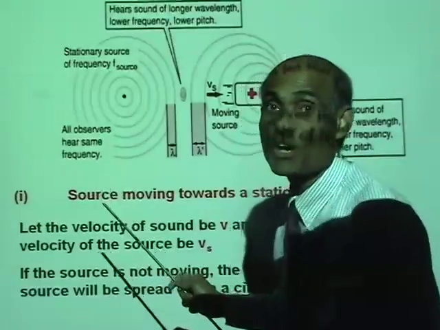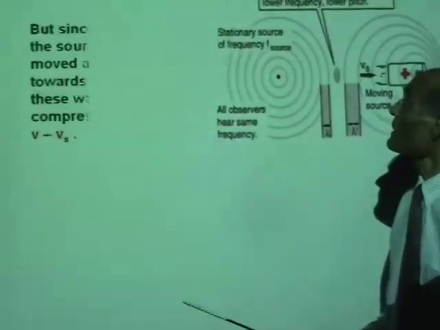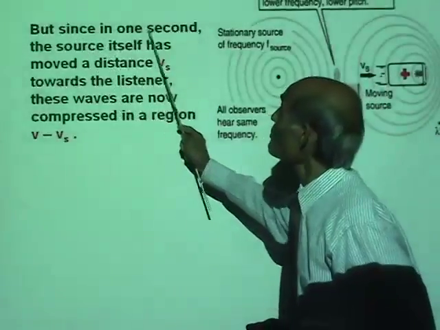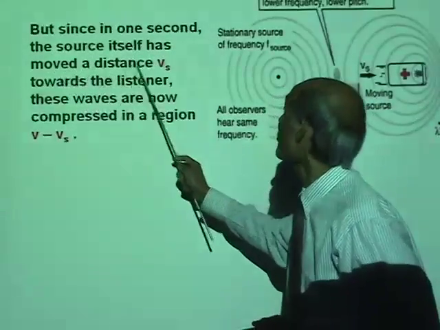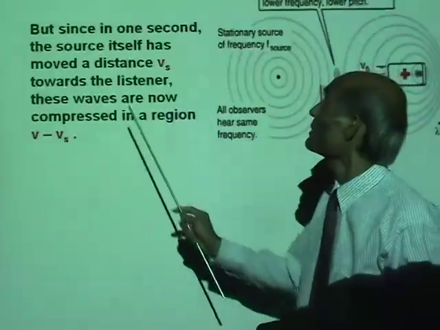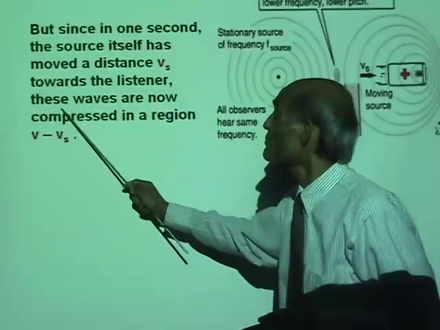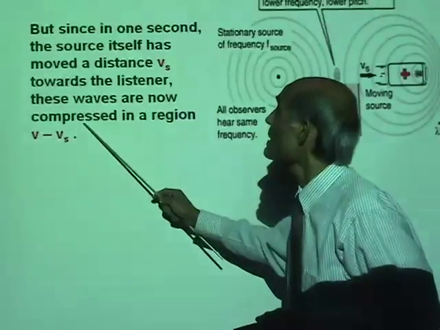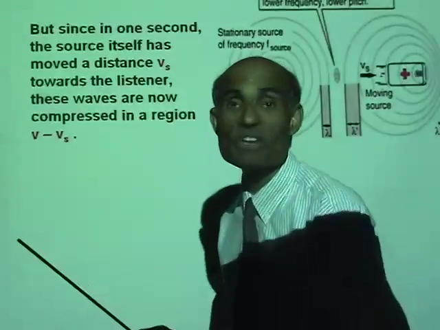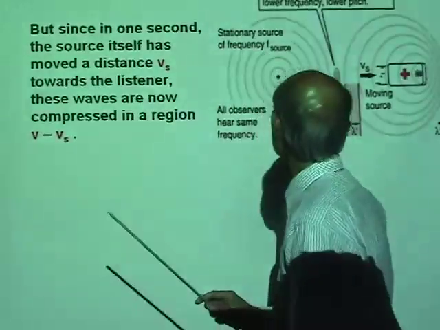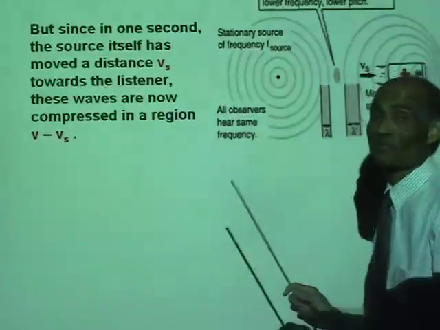That's the meaning of this sentence. Now, but since in 1 second the source itself has moved a distance Vs towards the listener, these waves are now compressed in a region V minus Vs. I hope you understand that statement.